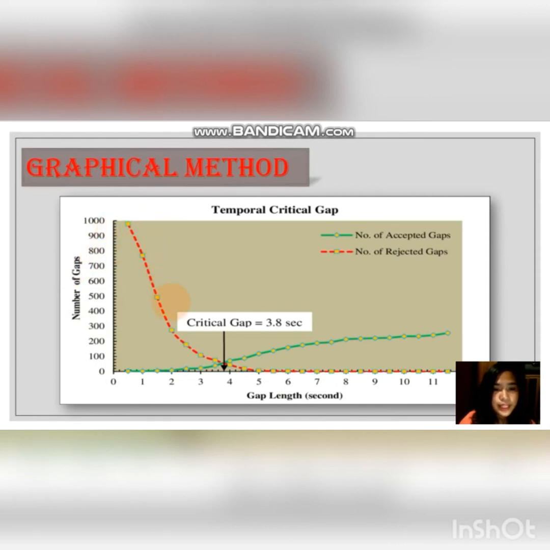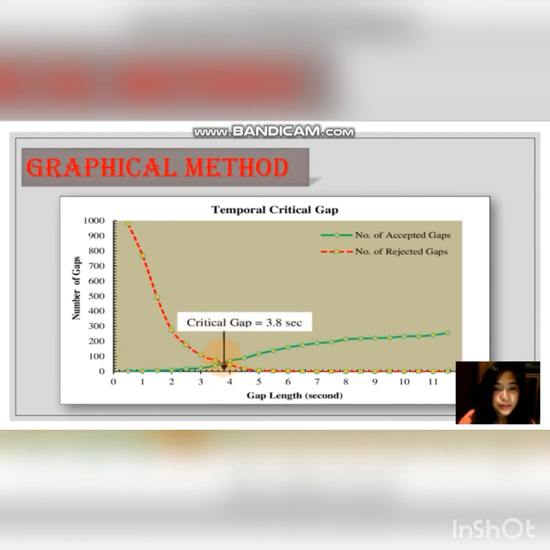So first, we have the graphical method. For the graphical method, we will be using this graph. For our x-axis, we have the gap length in seconds, and for our y-axis, we have the number of gaps.